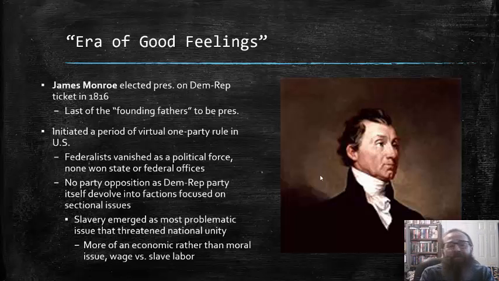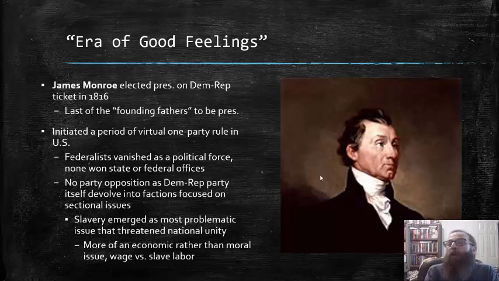The Federalists, by this point, had pretty much vanished as a political force, and none won state or federal offices during this period, leading many to label this period as the era of good feelings, because supposedly the factionalism that had so highlighted particularly the 1790s between the Federalists and the Democratic Republicans had all but disappeared.